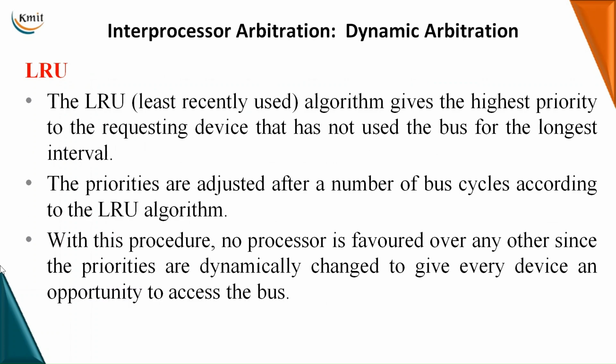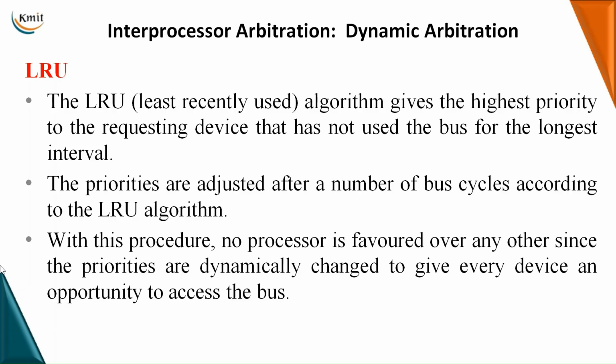For example, if two processors, P1 and P3, requested the bus, and P3 did not use the bus for the longest period of time, then we are going to give priority to processor P3 rather than P1, because this algorithm implements the concept of LRU, least recently used.